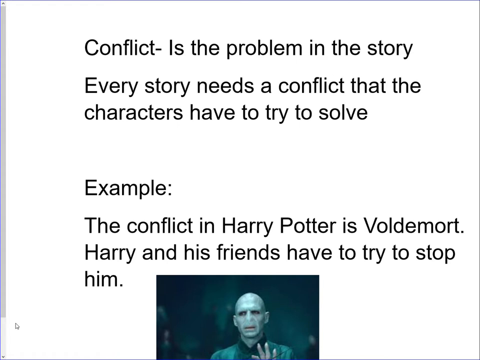This is important to include, because if you don't have a conflict in a story, it's not going to be very exciting, or you're just having characters do random things. So you need to have them trying to do something. So in Harry Potter, he has to go against Voldemort. It's kind of good versus evil.